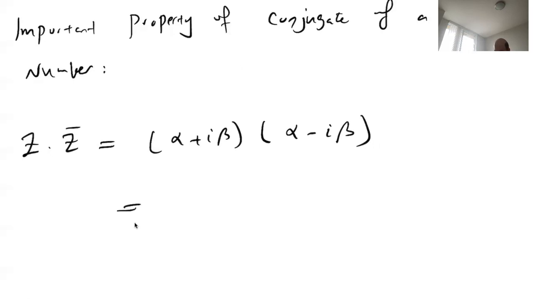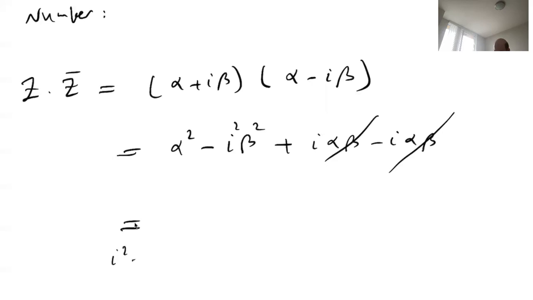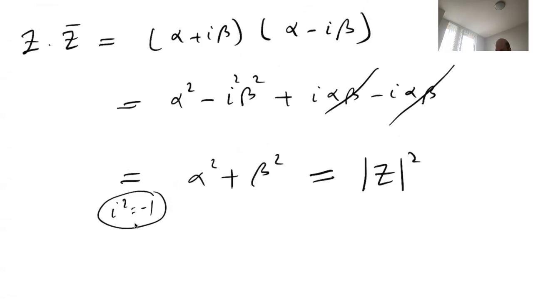If we expand this, we get alpha squared minus i alpha beta plus i alpha beta minus i squared beta squared. These two cancel, and we know i squared is -1, so we get alpha squared plus beta squared. And alpha squared plus beta squared is norm z squared, where norm z is defined as the root of this number.